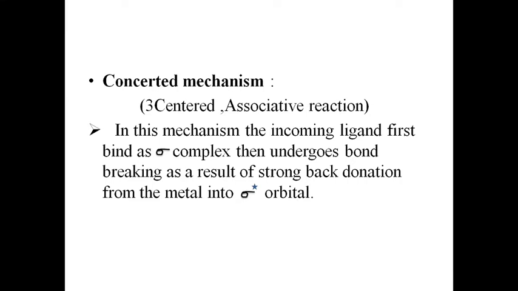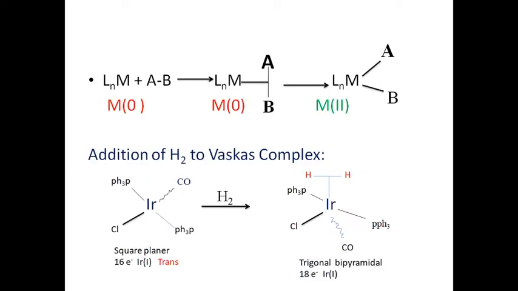And then the bond is broken and the electron density is donated from the metal to the sigma star orbital of the ligand. So, see here the general example: LnM plus this A-B bond.